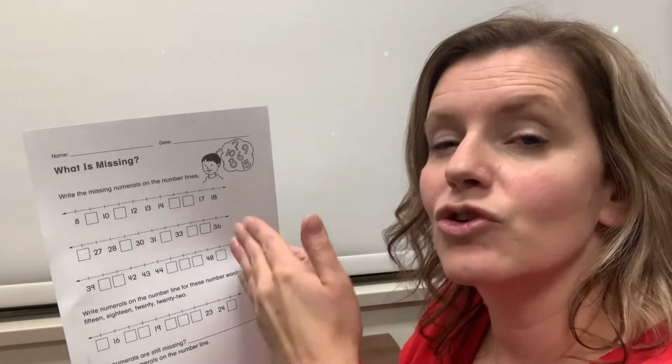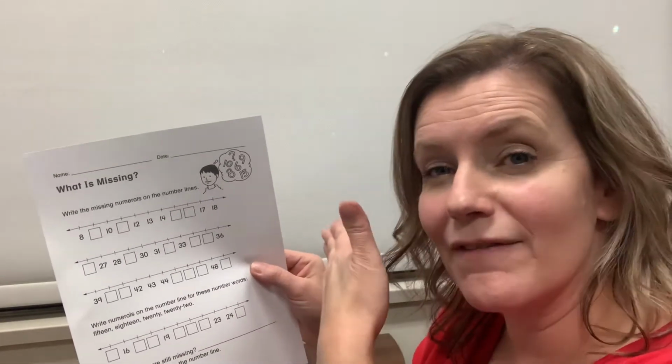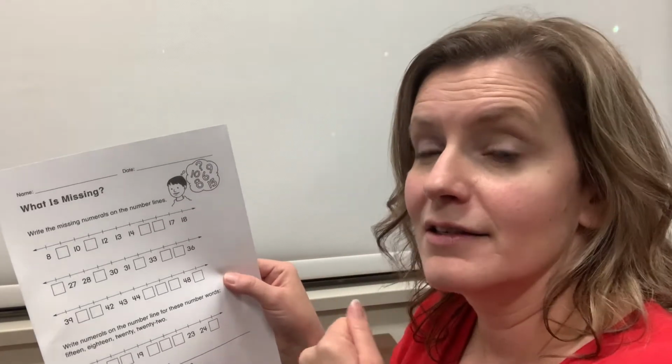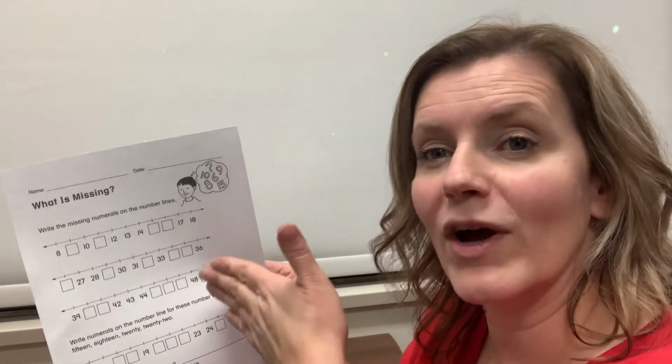Like in 21, 22, 23, 24, 25, 26, 27, 28, 29. See, the tens column is the 2s, the 20, but the ones column is that 1, 2, 3, 4, 5, 6, 7, 8, 9.